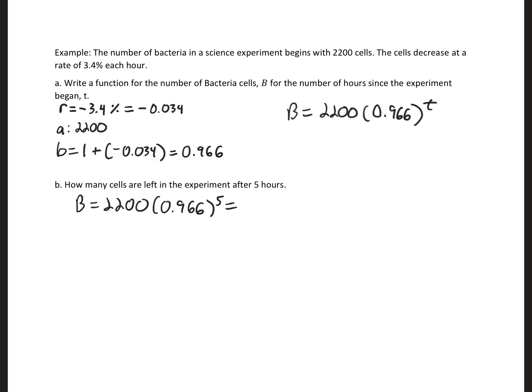The result here will be 1,850.582. And depending on how we want to round, we can either round to 3 decimal places, or rounding that to the nearest cell would be 1,851 cells. You'll notice that that number is less than the starting value of 2,200, which is what we would expect. The number of cells should be decreasing.